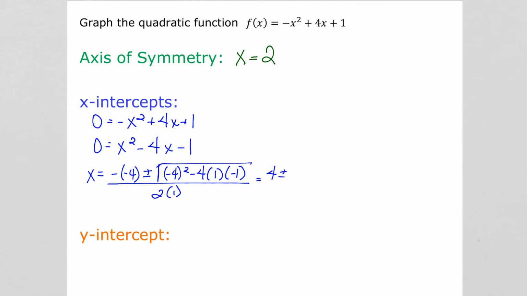So that's 4 plus or minus the square root of 20 over 2. Put that in your calculator. First, you'll say 4 minus the square root of 20 divided by 2, and that gives you negative 0.240 as your first x-intercept. And then we'll say 4 plus the square root of 20 divided by 2, and 4.240 is the next x-intercept.